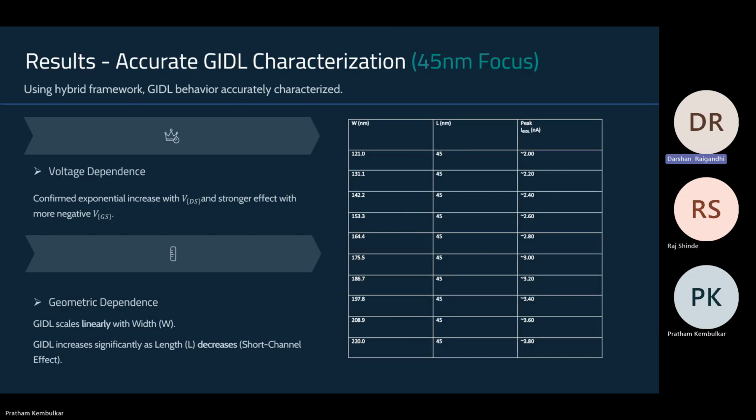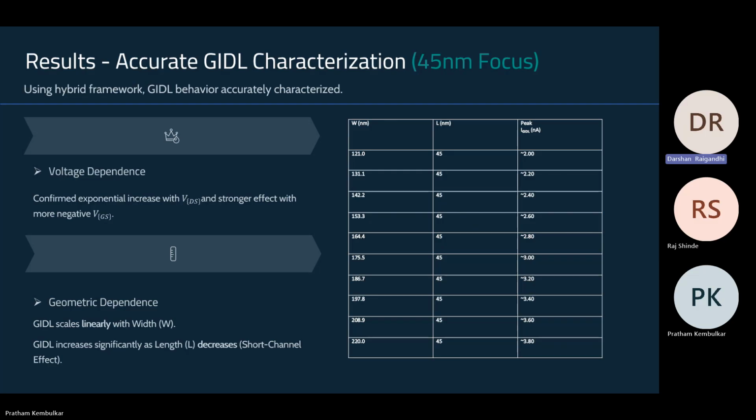For GPDK 45 nanometer technology. Using our hybrid framework, we were able to extract accurate GIDL behavior at the 45 nanometer technology node. We found that GIDL current scales linearly with transistor width because a wider channel provides larger tunneling area. It also increases significantly as channel length decreases due to short channel effects that enhance the local electric field.